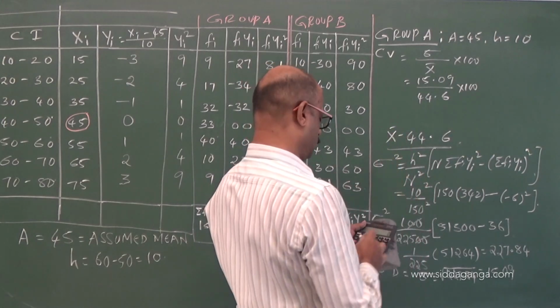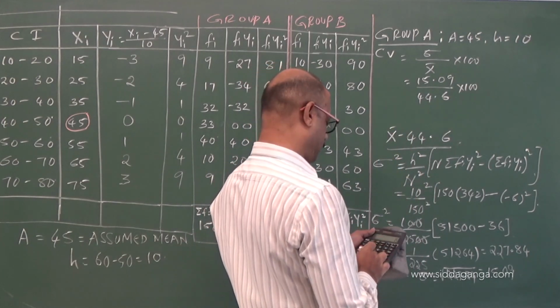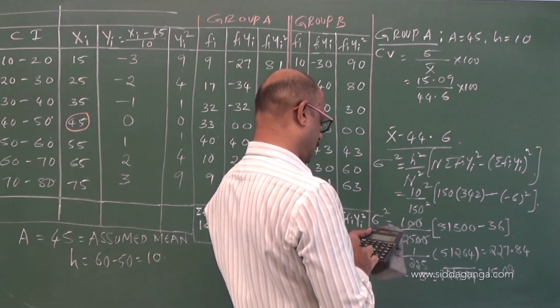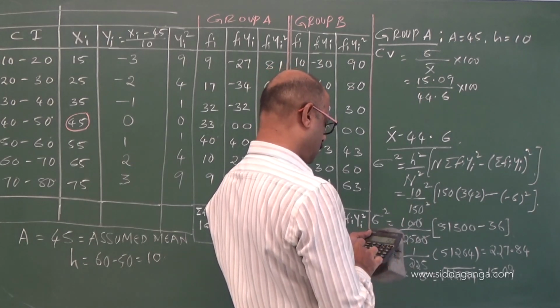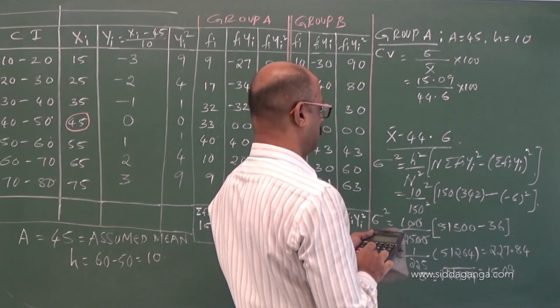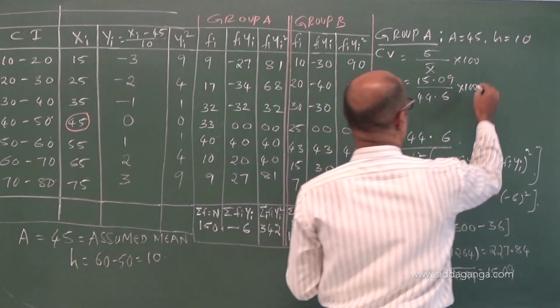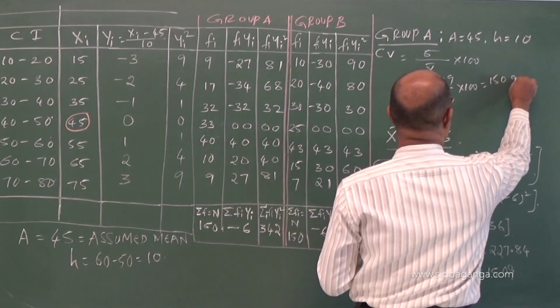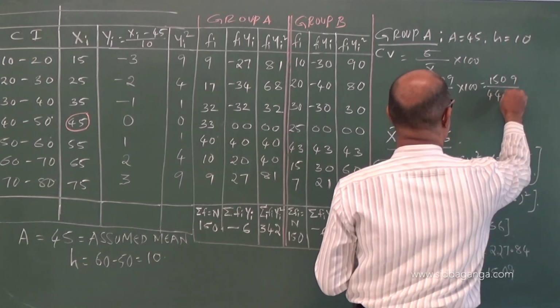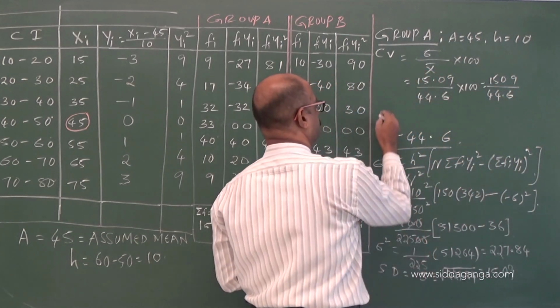First we will calculate the numerator, 15.09 into 100, you will get 1509 divided by 44.6.